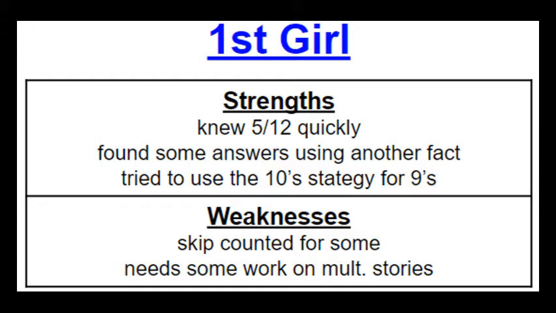She found some of the answers using another fact, so she understands the distributive property, putting things together in her head. She tried to use the 10 strategy, she just didn't get it quite right. She did still skip count for some, which we'd rather them know them quickly. She needs some work on multiplication stories is another one of her weaknesses.